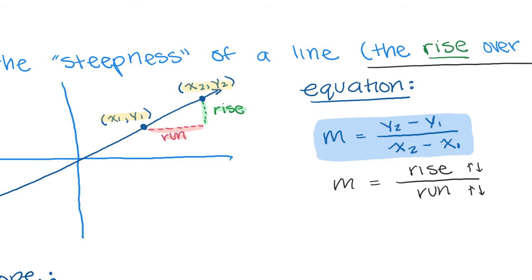We are plugging those respective coordinates into our equation. So we've got x2, y2 right here, and then we've got our x1 and our y1 right here. So you're always going to be subtracting your x1 and your y1, again right here, from your x2 and your y2.